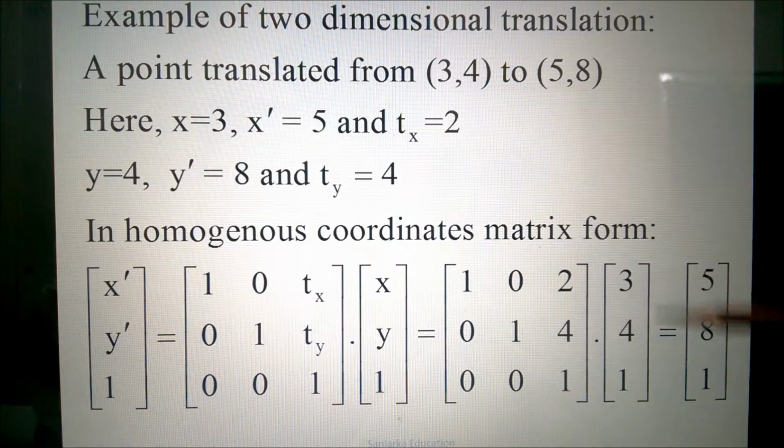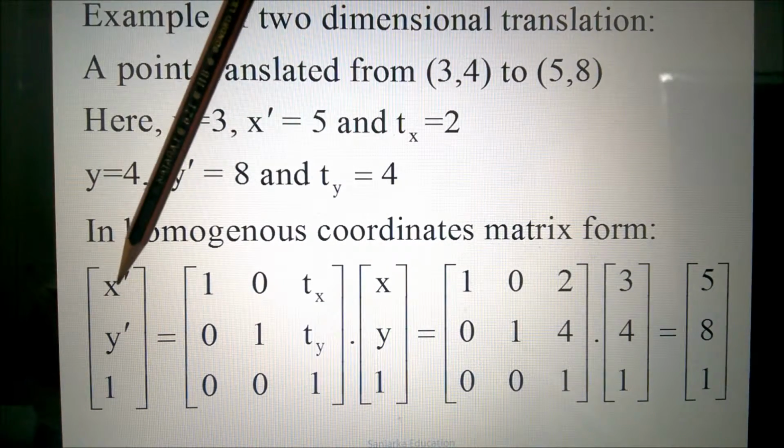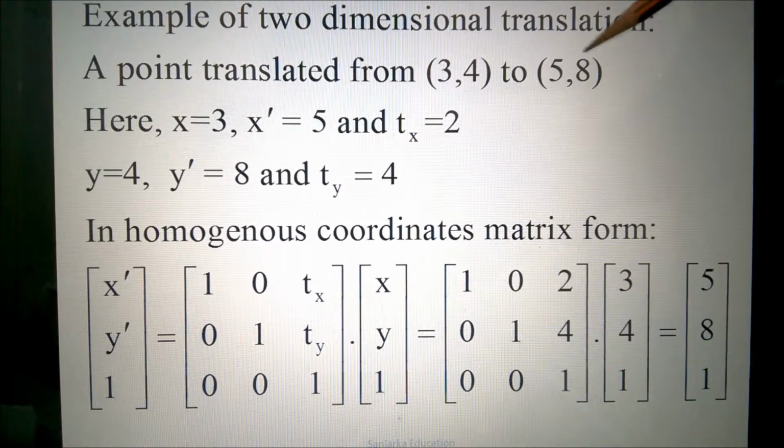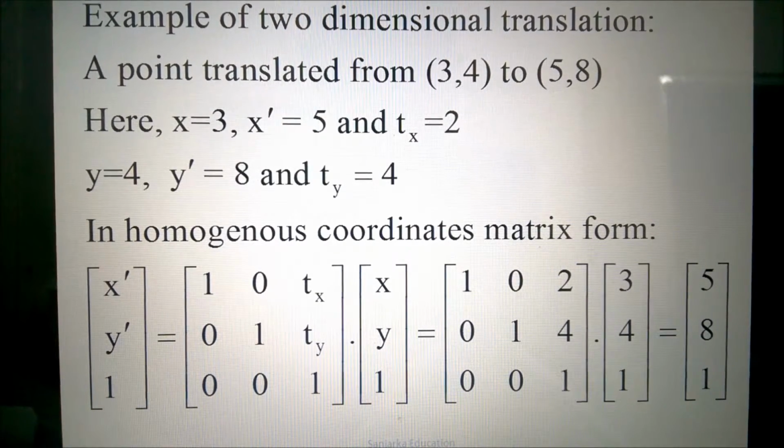In this way the second row also we get 8, and therefore you can see x dash will be 5 and y dash is equal to 8. What I wanted to show here is that if you know the translation distance and the initial coordinate of the point, you can find the final position's coordinates with the help of a matrix in homogeneous coordinates.